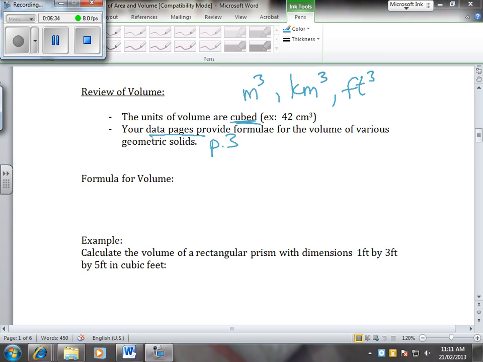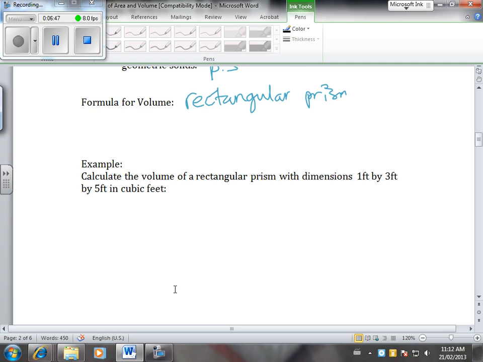If we look at the formula for volume, we'll work with a rectangular prism first. So we'll draw our prism. It won't be perfect, but you can see that it's 3D.